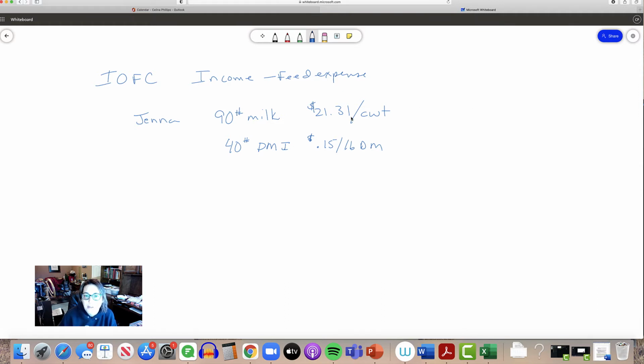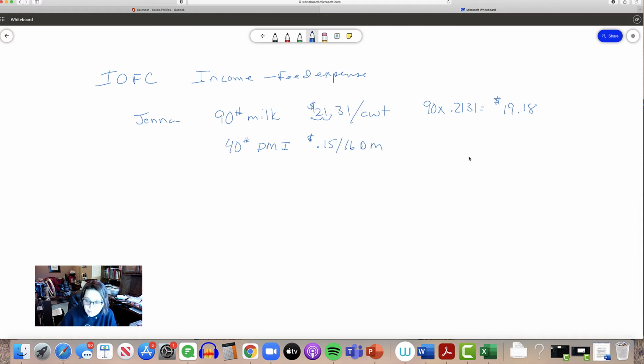To do this, when anything's cost or price is per hundredweight, whether milk price or feed cost, all you have to do is simply move the decimal two spots and you have price per pound. So if we take the 90 pounds times 0.2131, we get that those cows are producing $19.18 of milk per day.